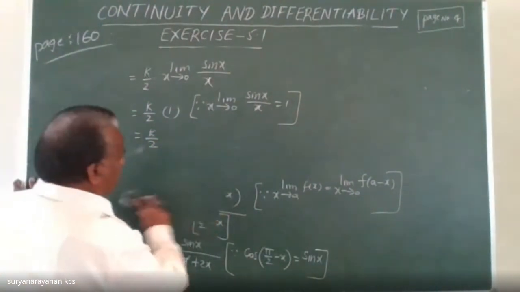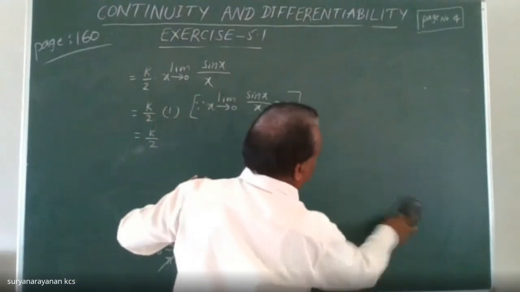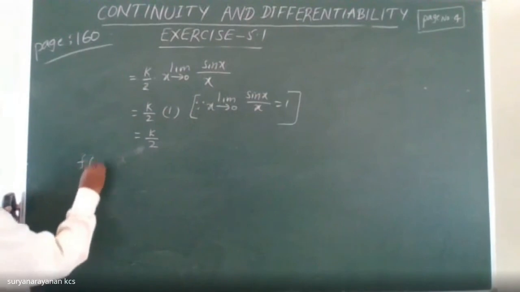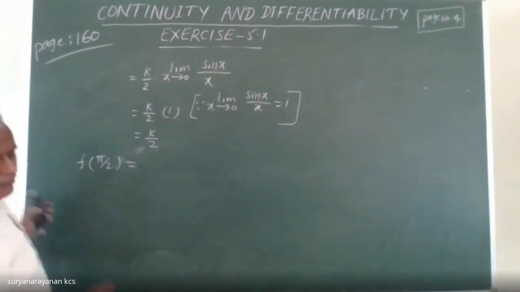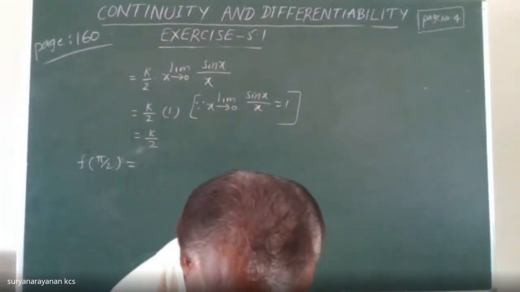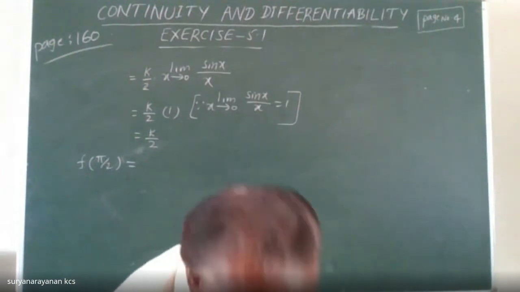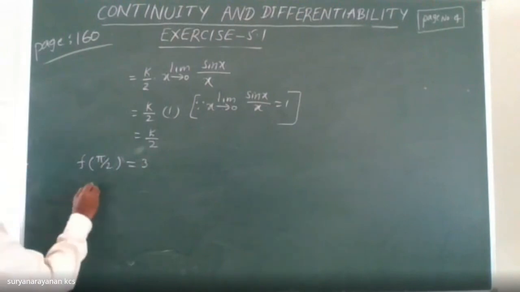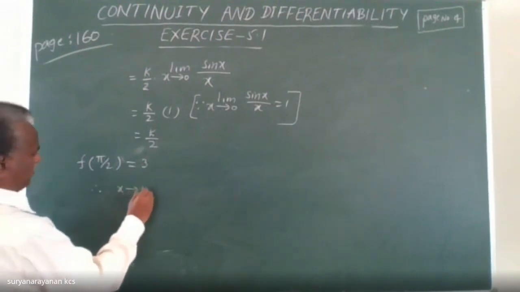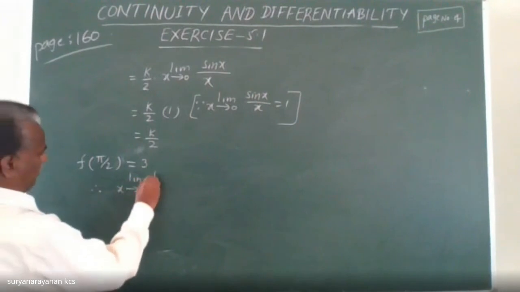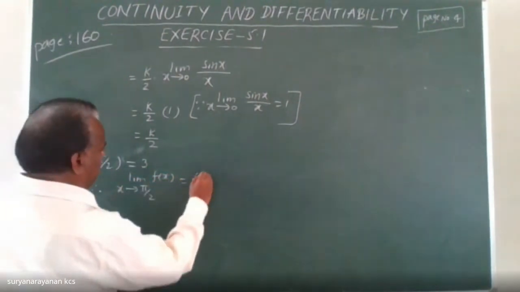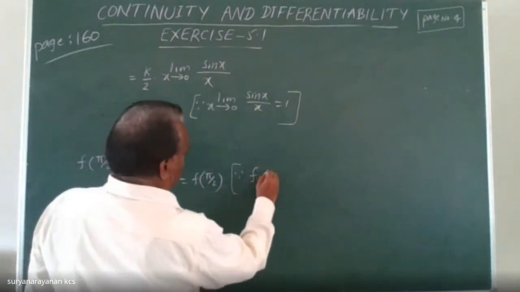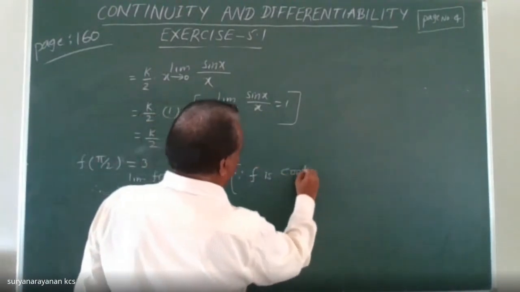Now f of pi by 2. It is already given that f of pi by 2 is 3. Therefore, as x tends to pi by 2, limit f of x is equal to f of pi by 2, because f is continuous, as already given.